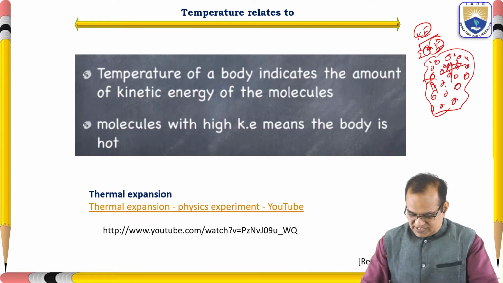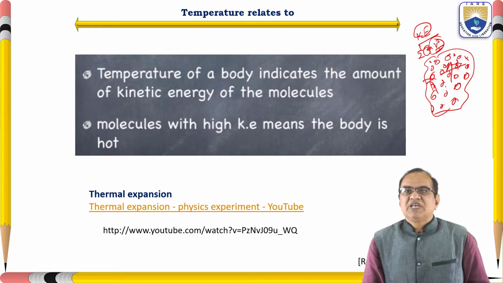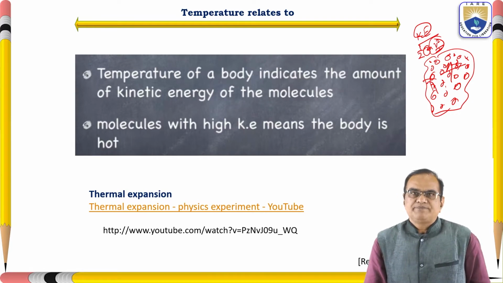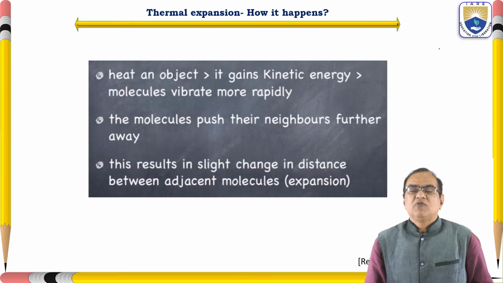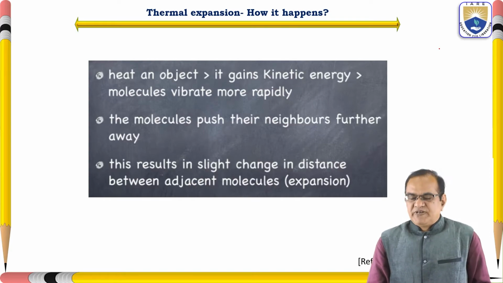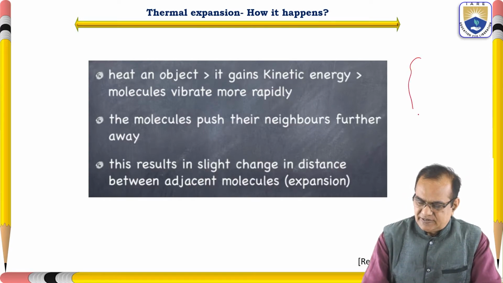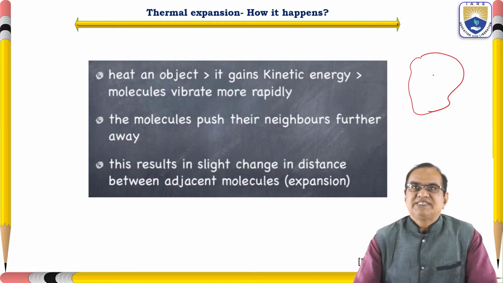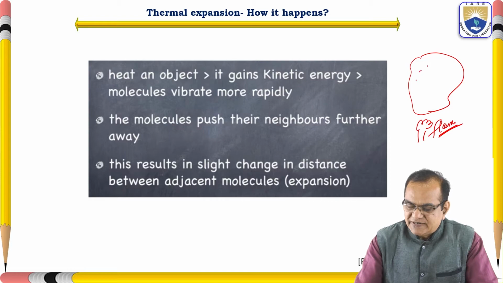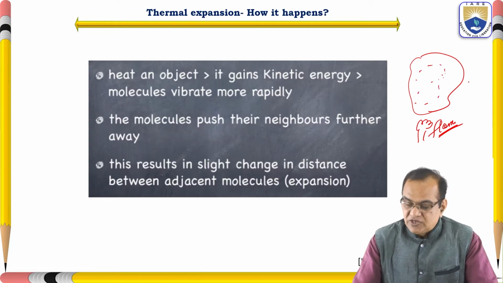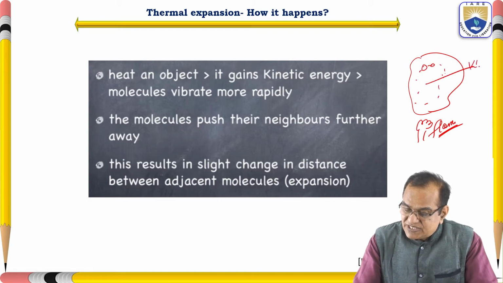Here I have given some link. This link can be used to find out how these things are happening. Thermal expansion, how it happens. If you heat an object here, with some flame, the kinetic energy will increase.